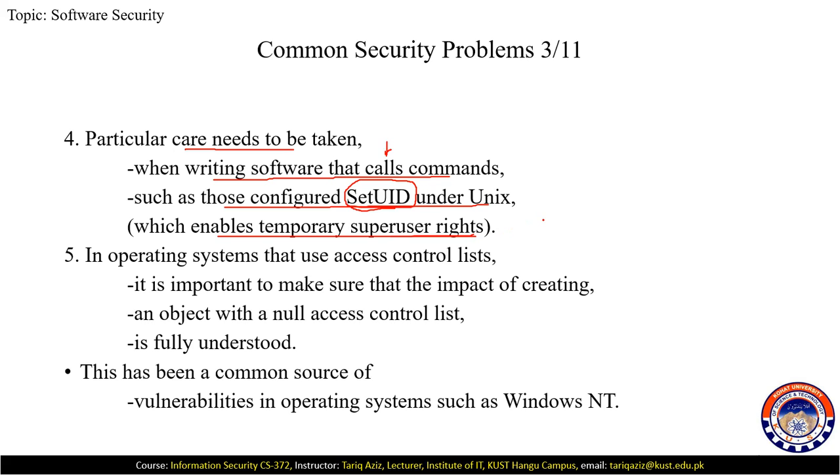So if an attacker can compromise these super user rights, then he can do whatever he wants, because with respect to Unix, we said that if user ID is equal to 0, then this user is now a super user, a root user, and he can do anything he wants.